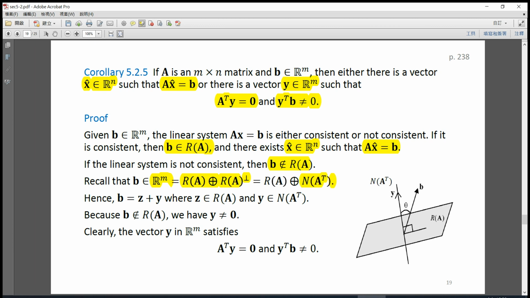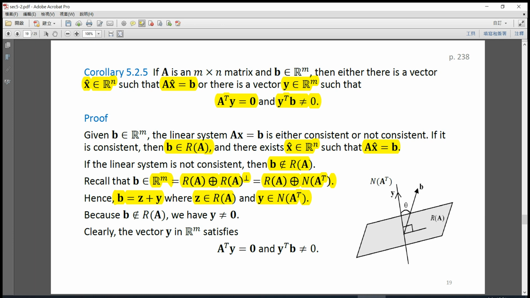So Rm is the direct sum of the column space of A and the null space of A transpose. By definition of the direct sum, every vector b in Rm can be written as the sum of z and y, where z belongs to the column space of A and y belongs to the null space of A transpose.